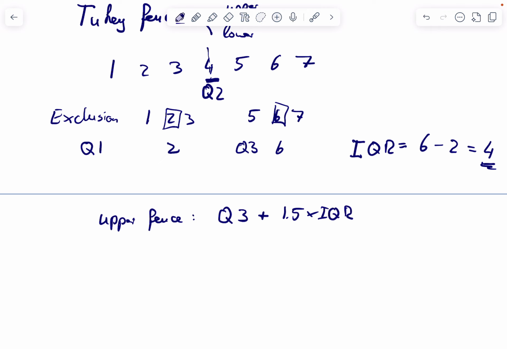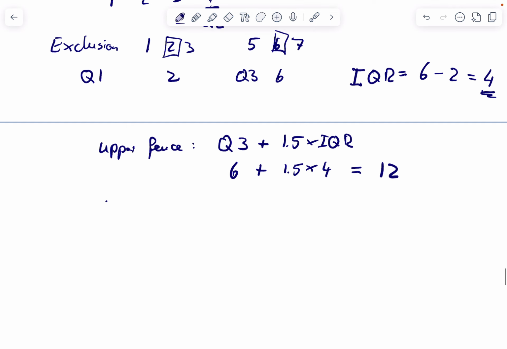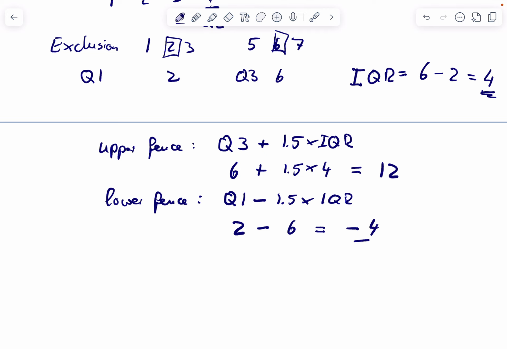So Q3 was 6, plus 1.5 times 4, that's 6, would be 12. And for the lower fence, we would calculate Q1 minus 1.5 times IQR. And here we've got 2 minus 6. So this would be negative 4.